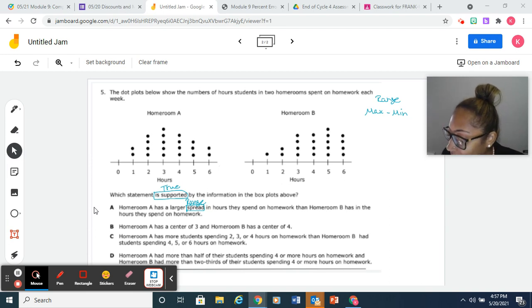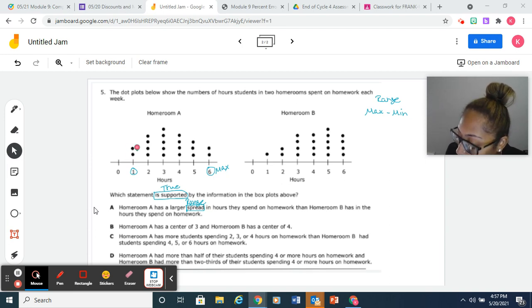So the highest data point for homeroom A is going to be at 6. So here is going to be our max value. And then the smallest data point for homeroom A is going to be at 1, because that's where the smallest dots were plotted.